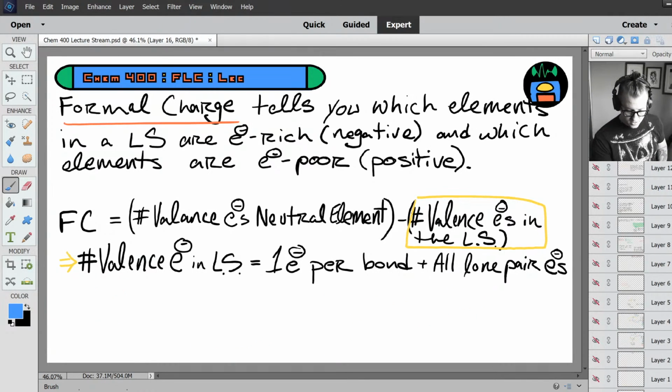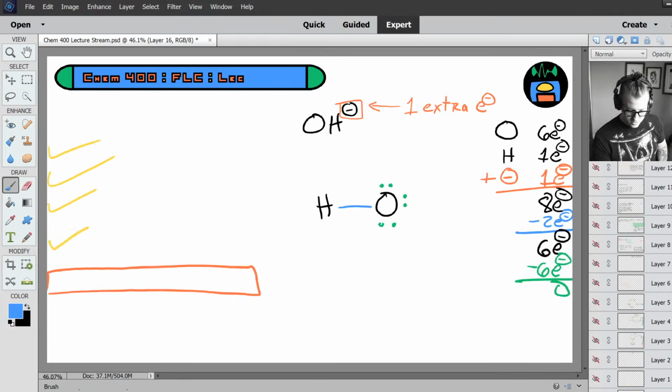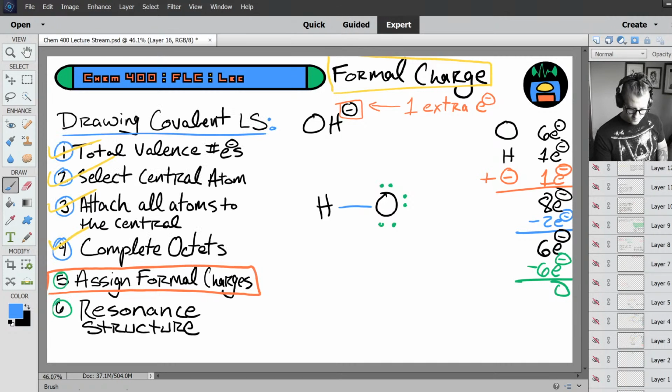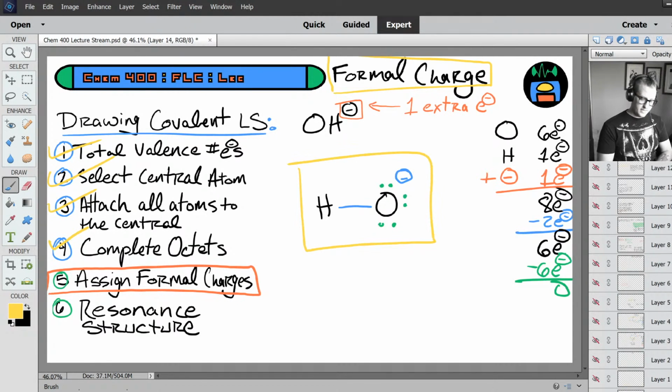If we dial all the way back to our original problem, then it would have a negative charge floating next to the oxygen, and this is the formal charge. Again, we're not quite at dealing with resonance structures yet, so we're going to put that off for a little while longer, but this is the Lewis structure with the formal charges.